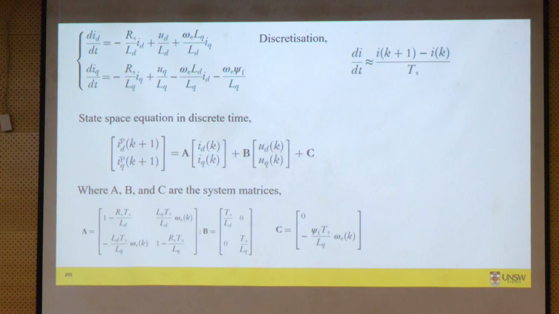And so if we look at its implementation, we start with our DQ equation, but we can write those dynamic DQ equations as a state space equation. Okay, we can write it as state space equations, and we can discretize those equations, especially the differential terms.